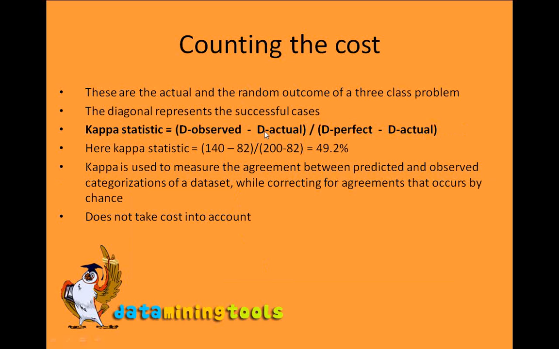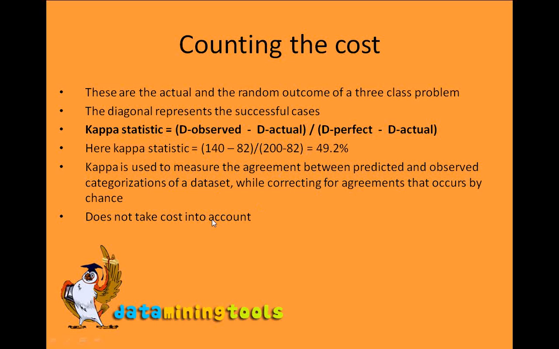D perfect will be basically if we consider all the instances have been classified accurately, and using this formula we get our kappa statistic. Kappa is used to measure the agreement between predicted and observed categorization of data while correcting for agreement that occurs by chance.